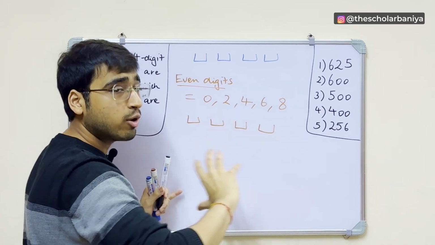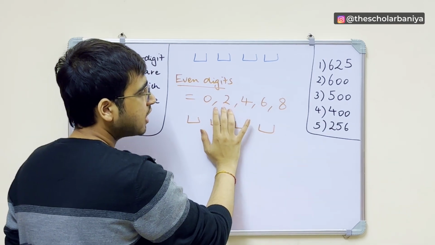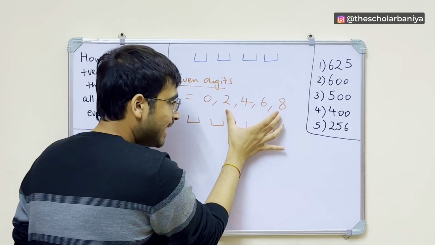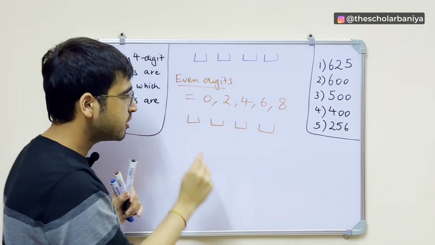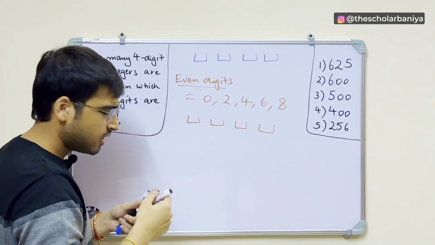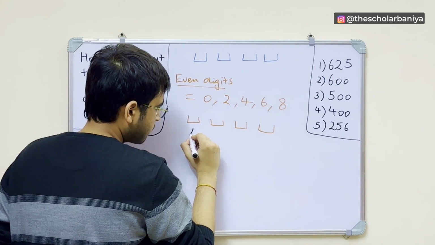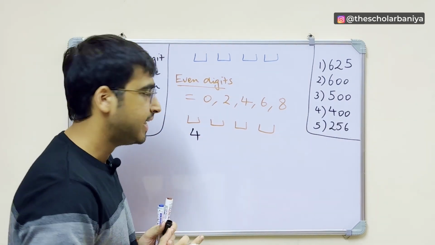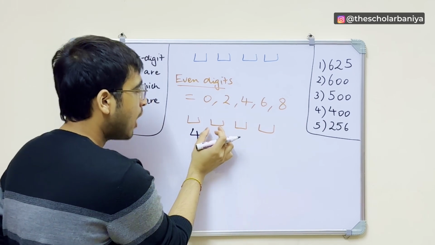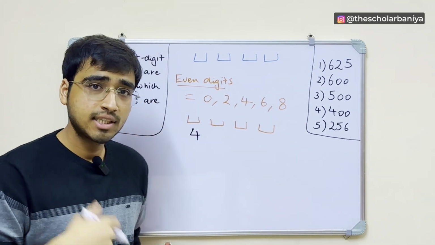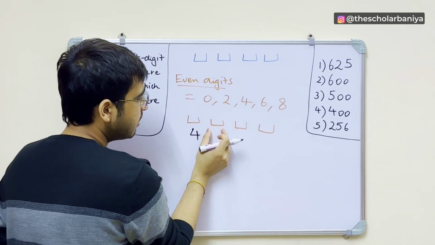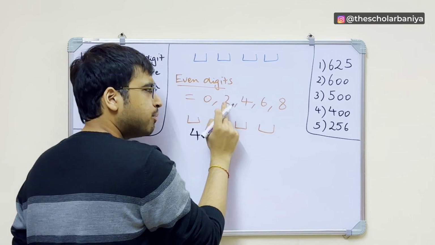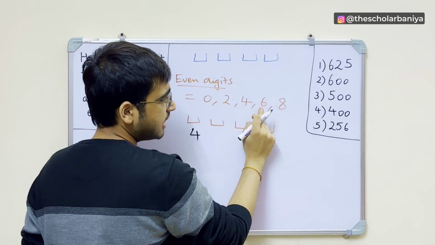So what are the possible options? The possible options are 2, 4, 6, 8. So in total, there are 4 possible options for this first place. I hope this makes sense. Now tell me how many possible options are there for the second place. Over here, I can put 0, 2, 4, 6, 8.